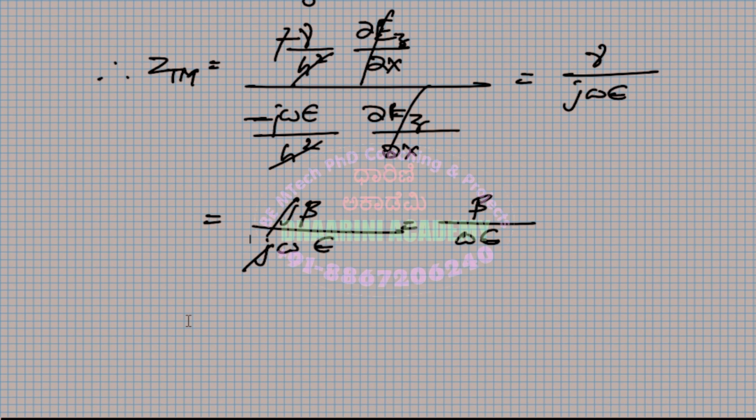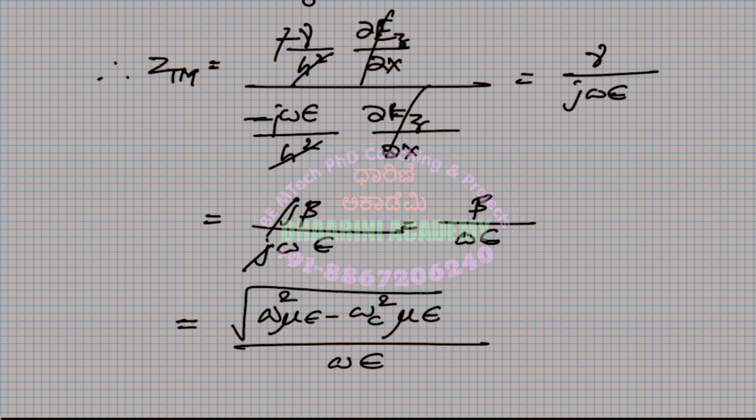So this becomes equal to the square root of omega square mu epsilon minus omega c square mu epsilon, whole divided by omega epsilon. Let me take the mu epsilon out: root of mu epsilon into root of omega square minus omega c square, divided by omega epsilon.